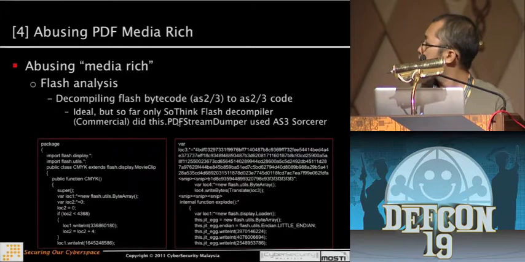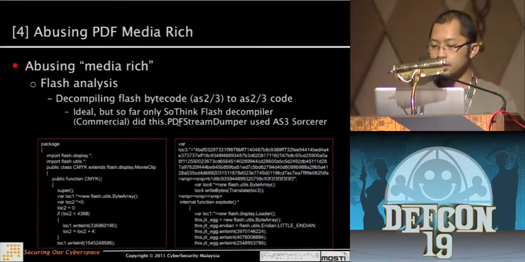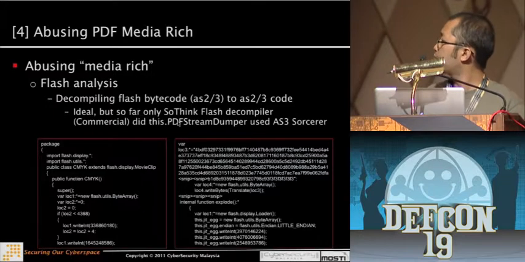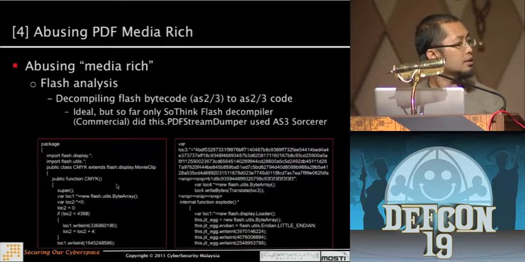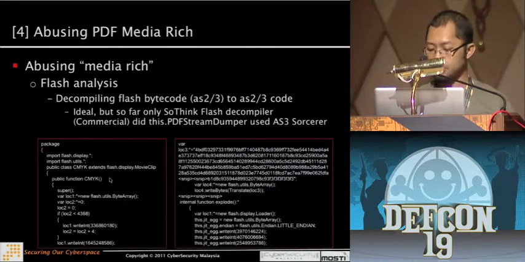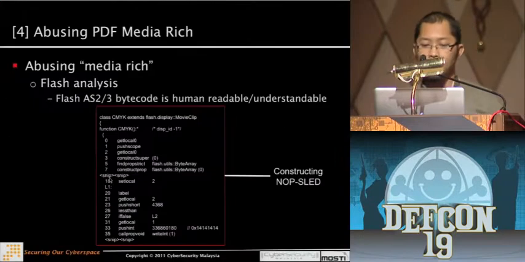So Sothink Flash Decompiler has a decompiler for this one, and if you look at PDF Stream Dumper, they have another proprietary tool as well called AS3 Sorcerer on this one. So this is pretty much what the decompiled code looks like in AS3. It's pretty much AS3 code here.